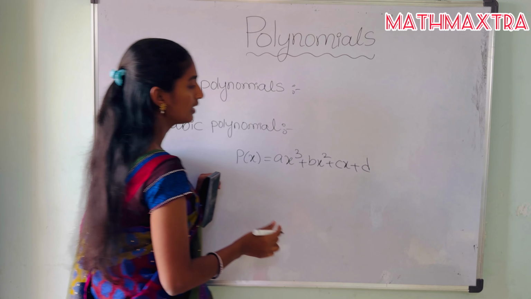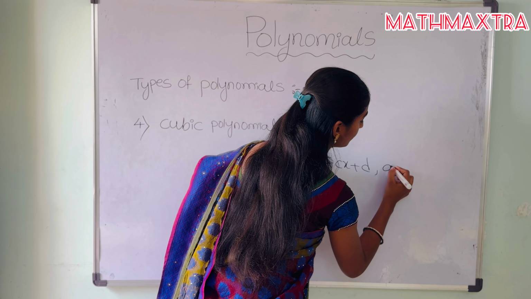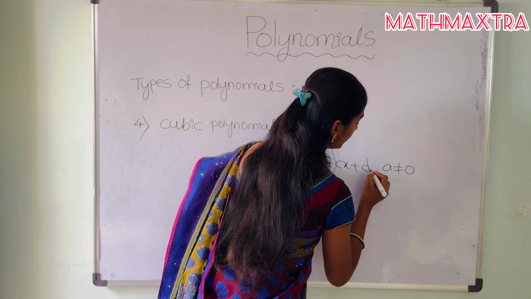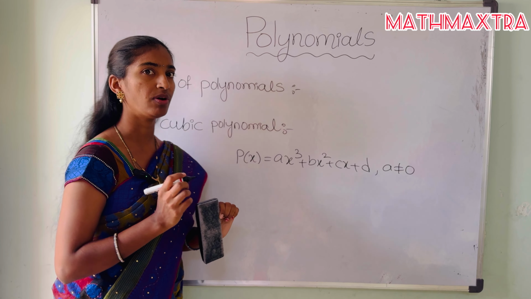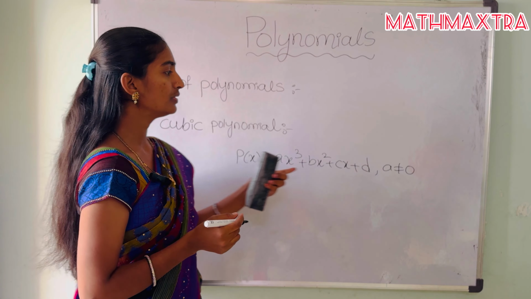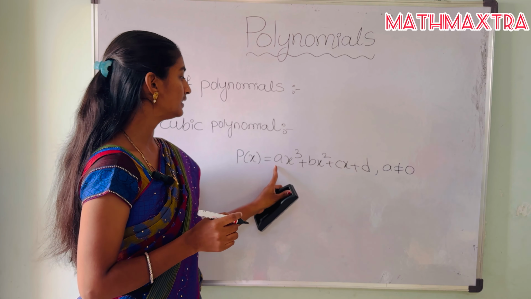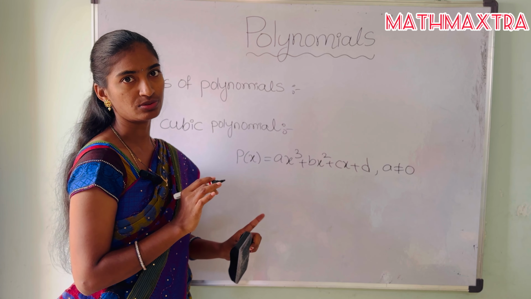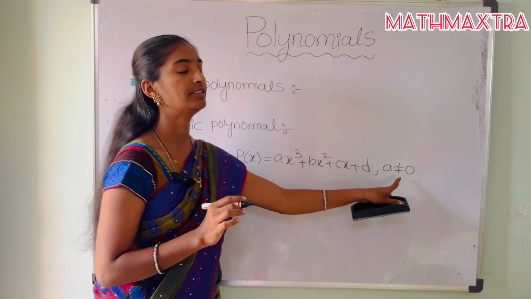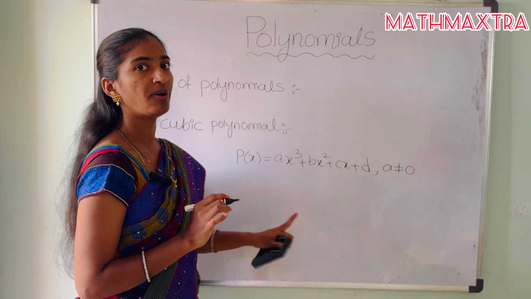Yes, and a should not be equal to 0. You should write this condition compulsorily for all types of polynomial, because if you don't write this, a takes any type of value and it also takes the value of 0. Okay, that is why you should write this condition for every type of polynomial.